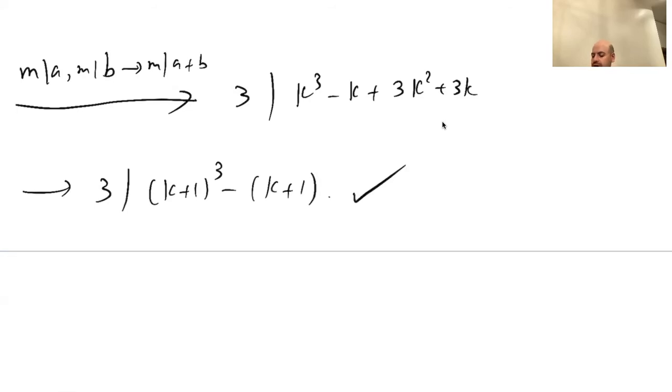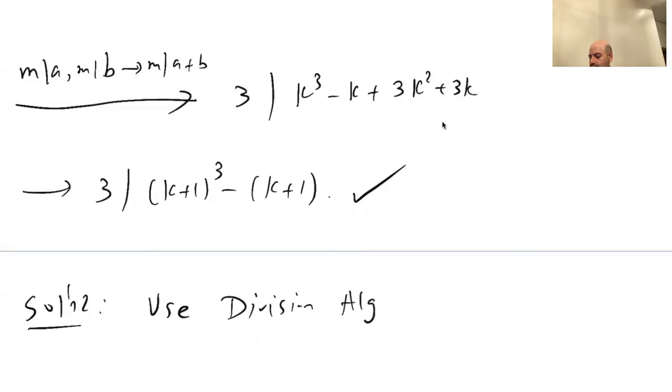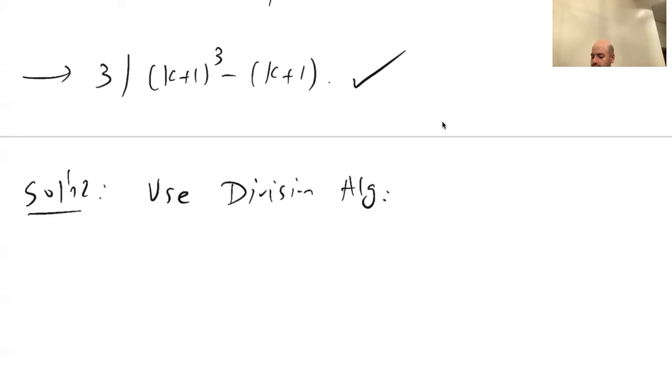So that's one solution. Solution 2, you can use the division algorithm. So case 1, we know that by the division algorithm, the remainder of any number n when divided by 3 is either 0 or 1 or 2.